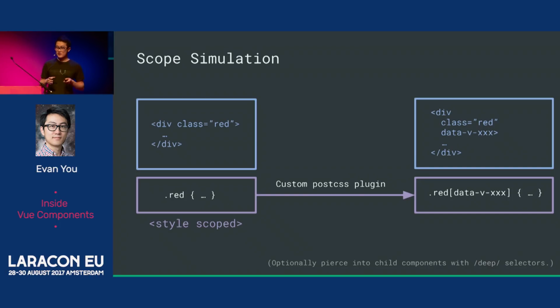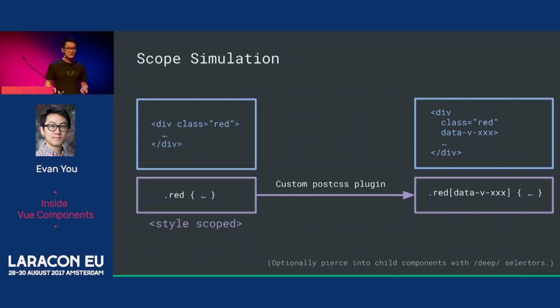And at the same time, because they are in the same file, we know the same template also needs to be transformed so that every element generated in the same template has that attribute attached to it. So this is a pure compile time transform, and it works all the way back in IE9. It doesn't rely on any new browser specs or features, right?